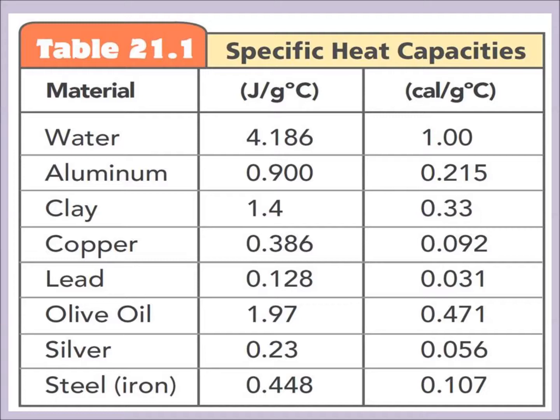Silver is 0.056. So I'm going to go with aluminum, steel, copper, and silver. So it will be aluminum, steel, copper, silver.